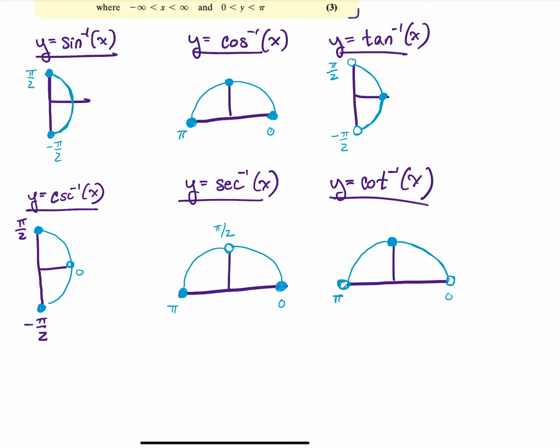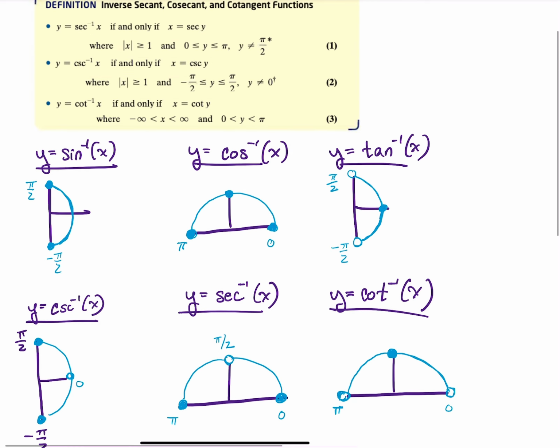The inverse secant is similar to the inverse cosine, so the top half of the unit circle, except where the cosine is equal to 0 at pi over 2. And similarly to how the inverse tangent looks like the inverse sine, the inverse cotangent looks like the inverse cosine, except not defined at those endpoints.